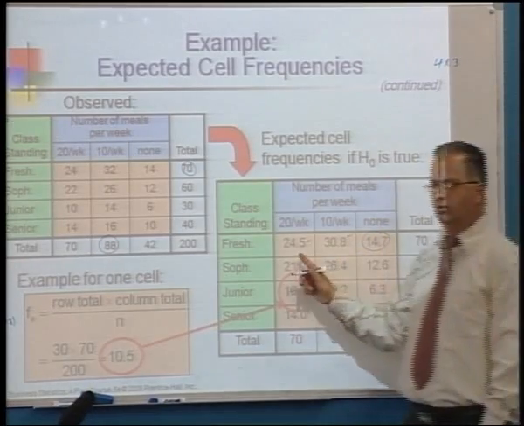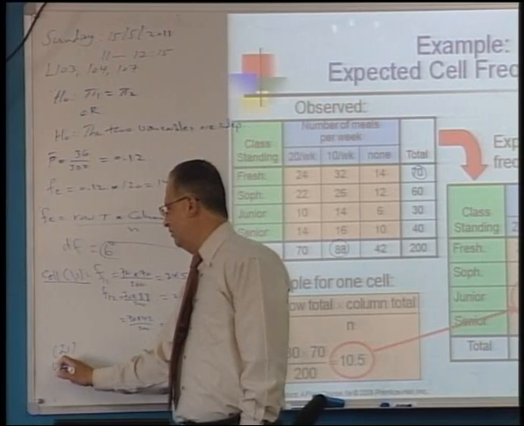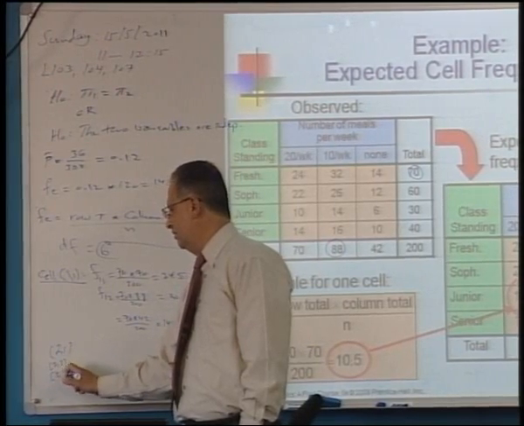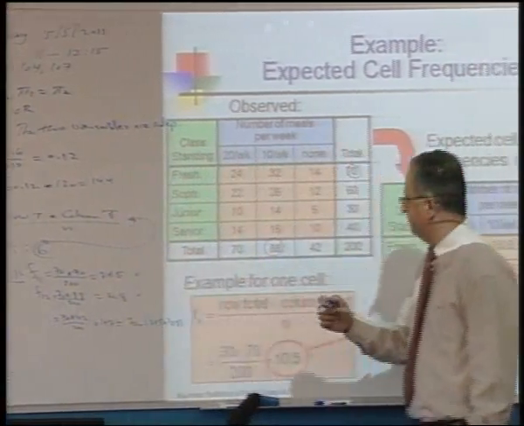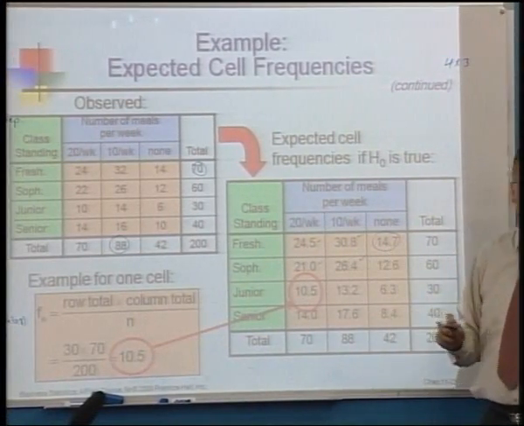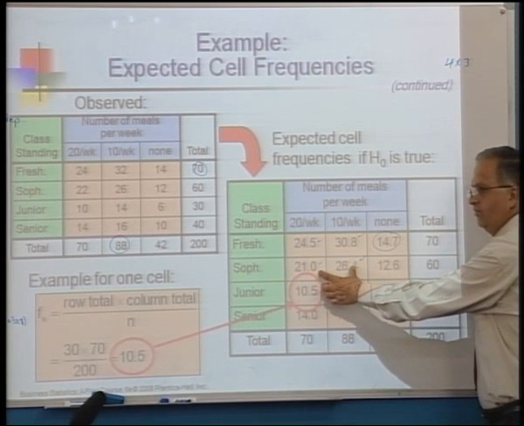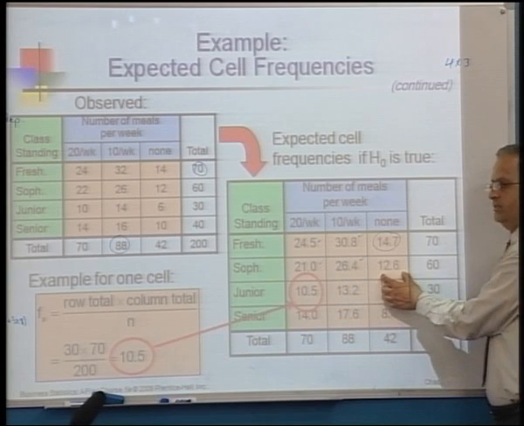Similarly, for the second row, cells 2,1, then 2,2, and 2,3, by using the same method you will get these two values, and the other one is the complement, which is 60 minus the sum of these two values, giving 12.6.